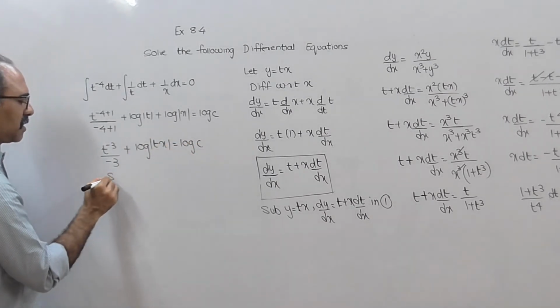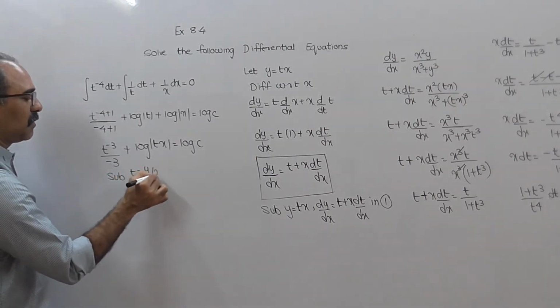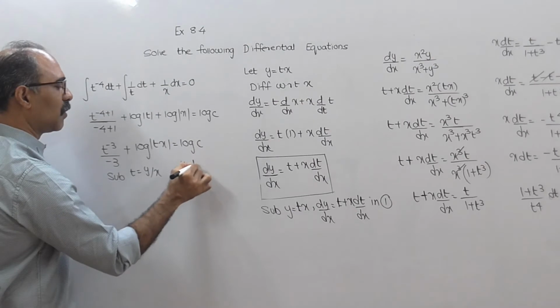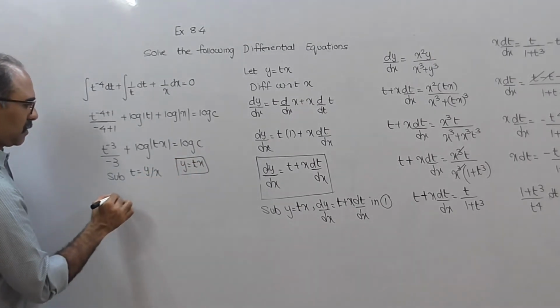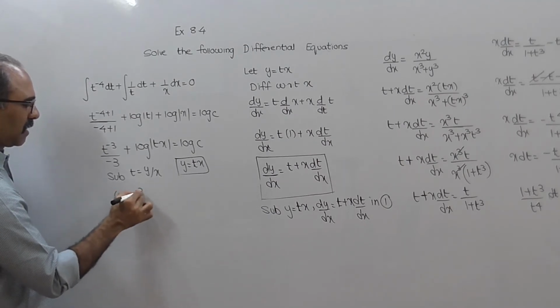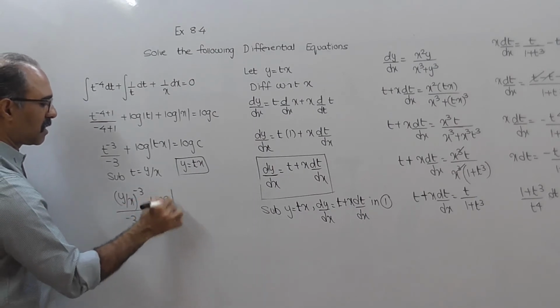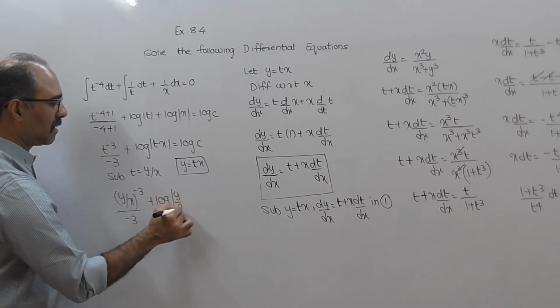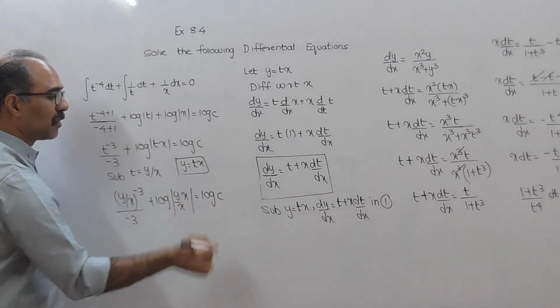Now what we will do is, we will substitute t equal to y upon x because we had assumed y equal to tx. So t will be equal to y upon x. So I think we get y upon x raised to minus 3 upon minus 3 plus log modulus of t is y upon x into x equal to log of c.